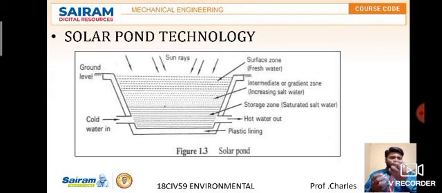From there, the heat energy transfers to the second level, the intermediate or gradient zone, where there is some amount of saltness in the water. From there it goes to the storage zone, where a large amount of salt is present.